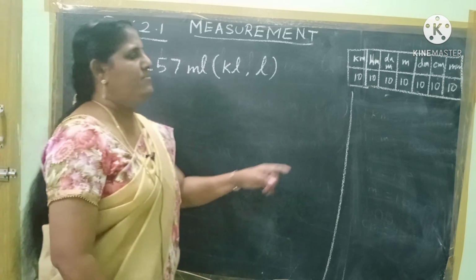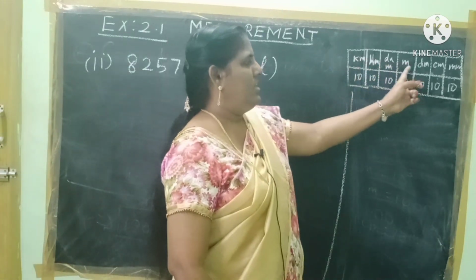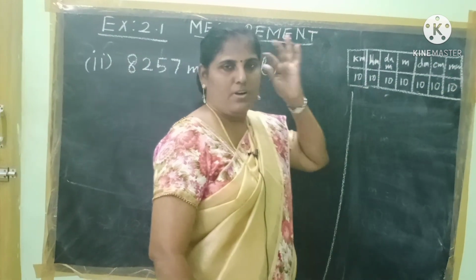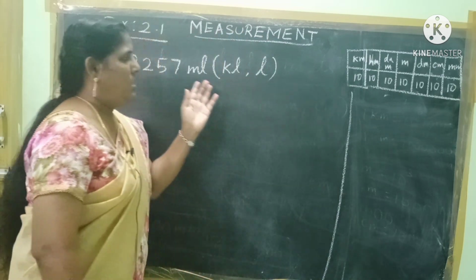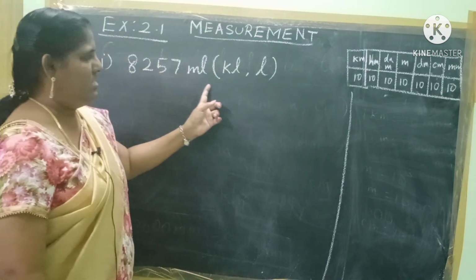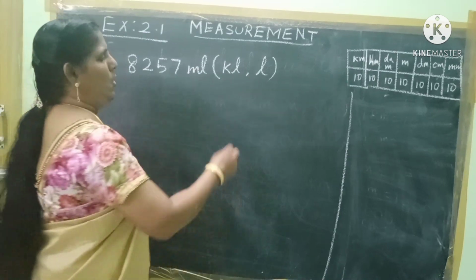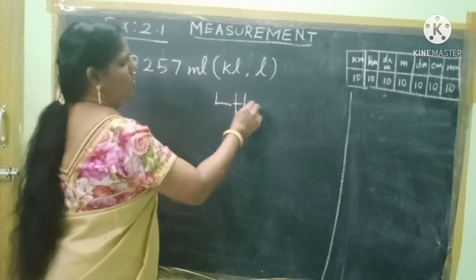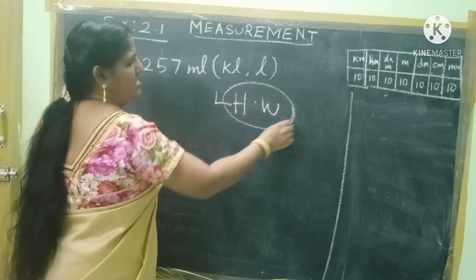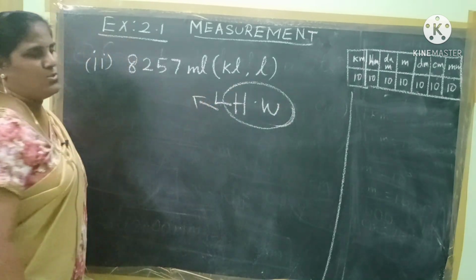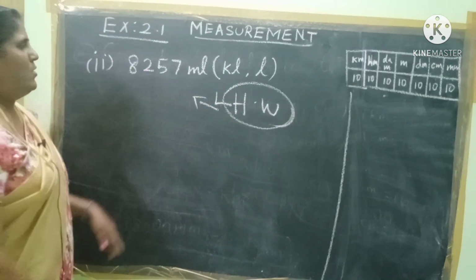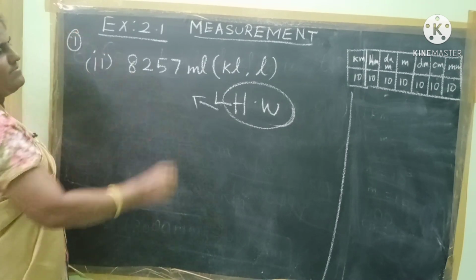So instead of meter, you should put L for M. You just change milliliter to kiloliter, milliliter to liter. This is the first homework, homework number 1.